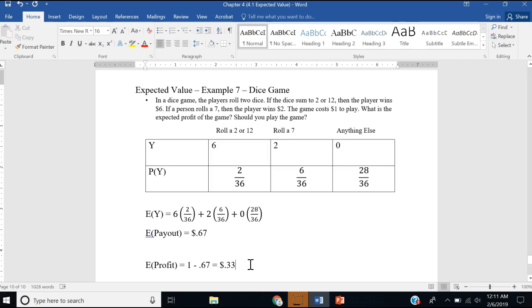And actually, if you look at all the casino games, this would be really bad to play. Most casino games have an expected payout, if you play them perfectly, of close to $1. Again, if you play $1, it's close to $1, but it's still in the casino's favor. So it's still a bad idea to put all your money into the casino.